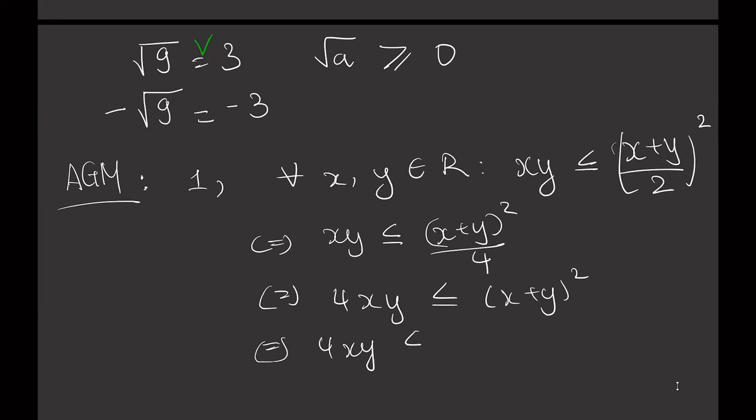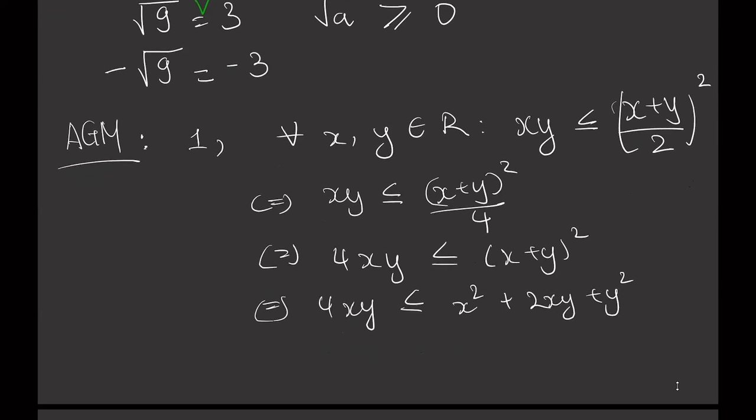And if you expand things out on the right hand side, you get x squared plus 2xy plus y squared. And if you subtract 4xy on both sides, the left hand side is 0 and the right hand side is 2xy minus 4xy, which gives us negative 2xy.